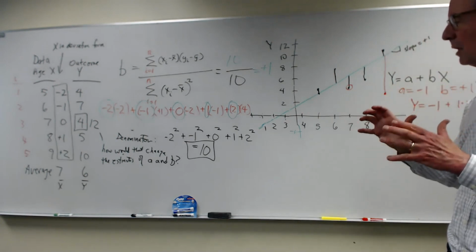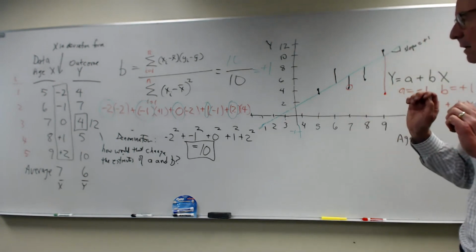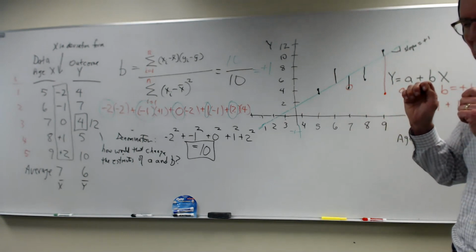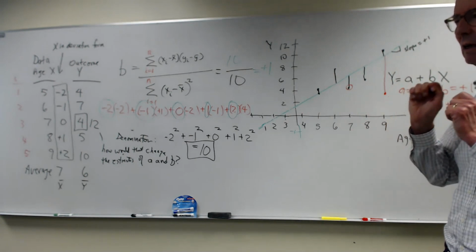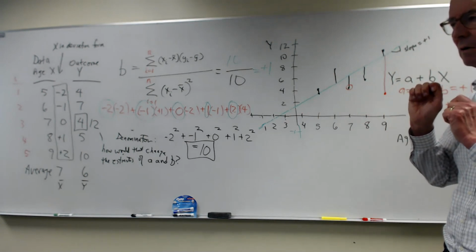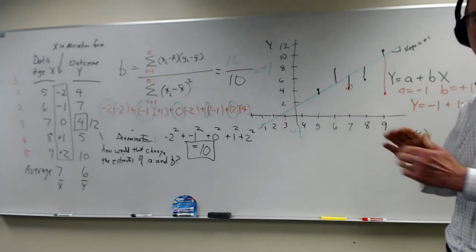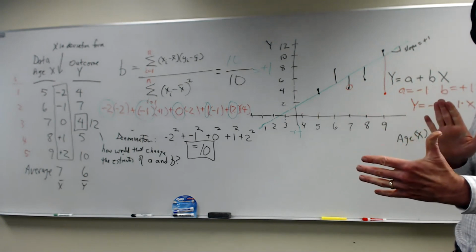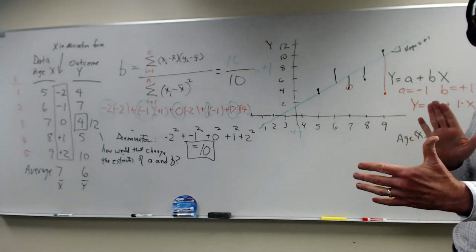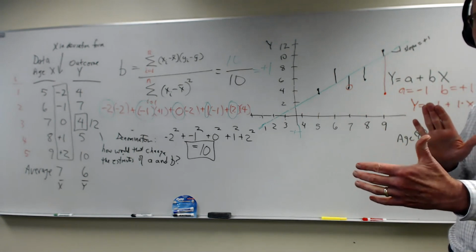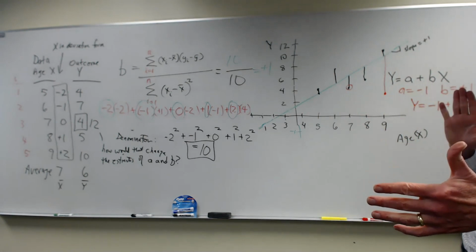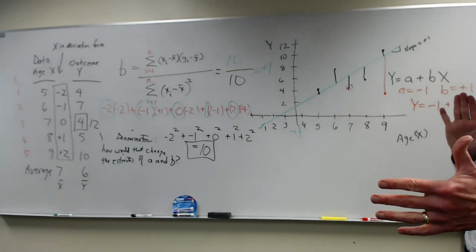The point I was trying to convey is that in calculating the slope, observations that are close to the middle of the X values carry very, very little weight in determining the slope. And the further away you get from the middle of the X distribution, the more weight you're attaching to it.